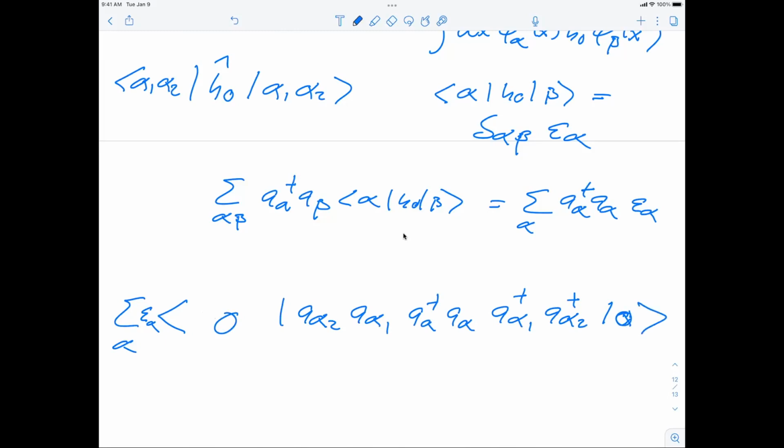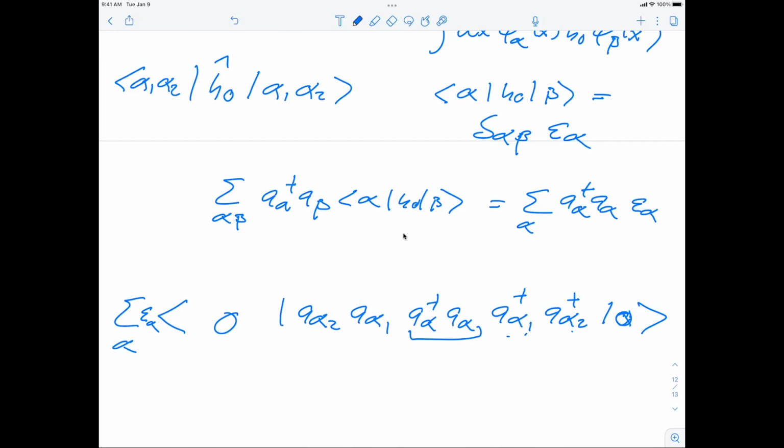Now here, we can take immediately what we did for the number operator. If you look at this operator, there's a sum over alpha. It would act on alpha 1 first, and then on alpha 2. So that should simply give me the number of particles in that specific state.